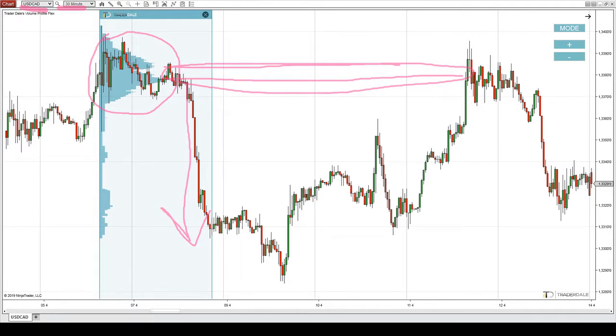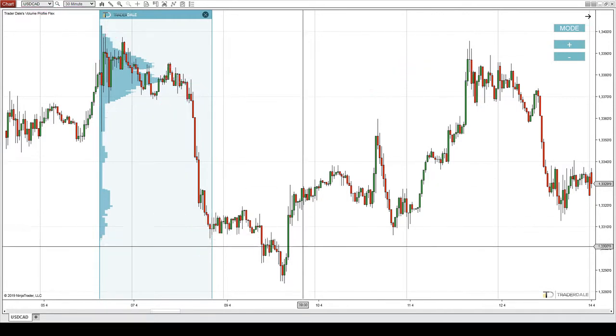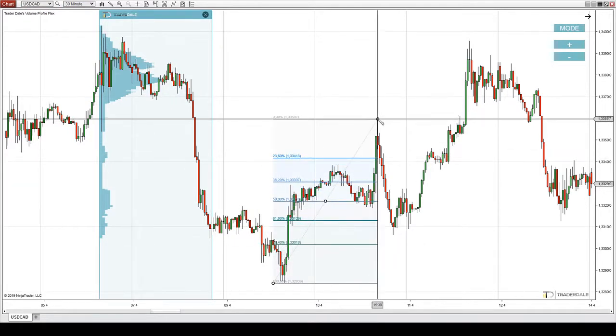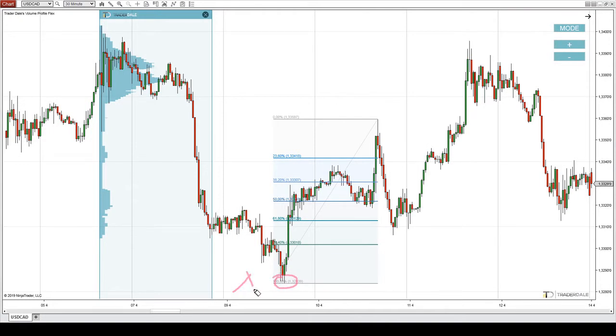Alright, so in this case, there's a nice example of the ABCD setup. From this low to this high, let's mark this point A. This swing point will be the B. Now, below the 50% of the Fibonacci, by the way, you can activate the Fibonacci tool by pressing the F8 function key on your keyboard.